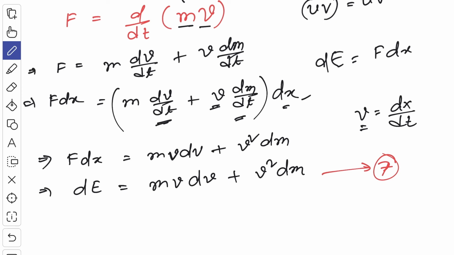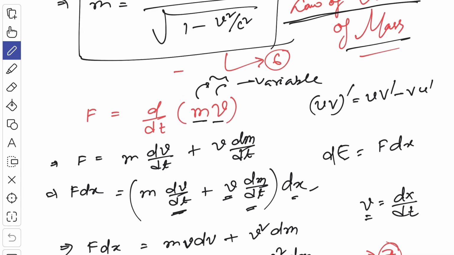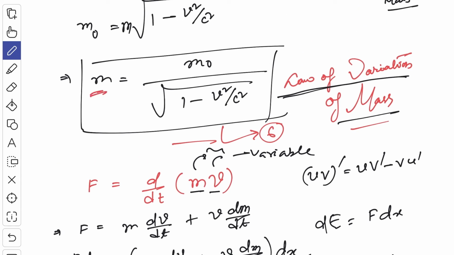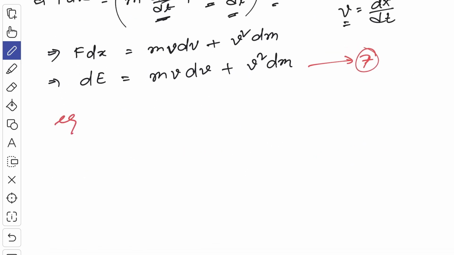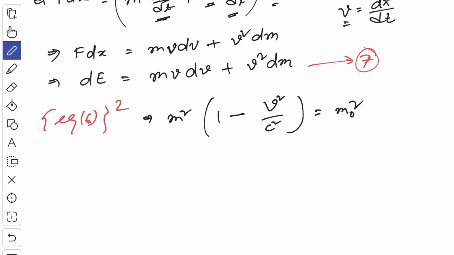So what we're going to do now is take equation number 6 and square both the left and right hand sides. Squaring equation number 6, you will get m square into 1 minus v square by c square is equal to m naught square, after simplification. Now let us differentiate this.